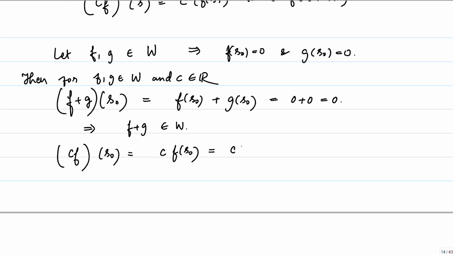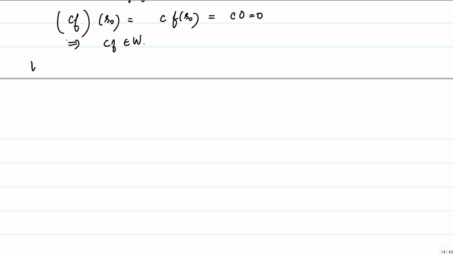This implies it is c times 0, which is equal to 0. Hence, c f is in W. So W is closed under both vector addition and scalar multiplication. W is hence a subspace of F of S comma R.